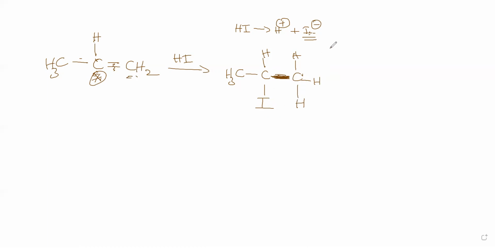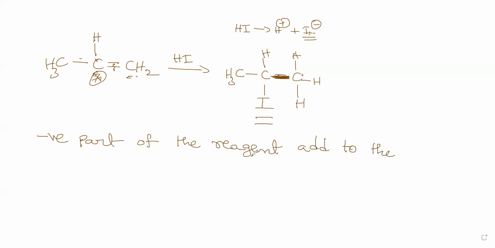The negative part of the reagent will add to the carbon having less number of hydrogens. So the idea is the negative part of the reagent adds to the carbon having less number of hydrogens.